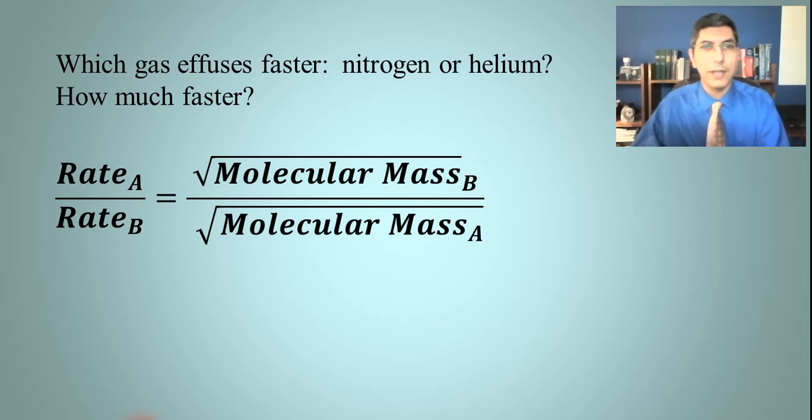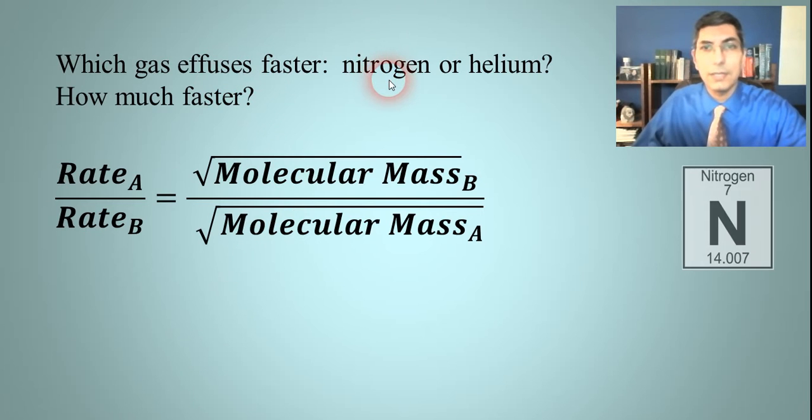So let's try an example here. Which gas effuses faster, nitrogen or helium, and how much faster? The first thing we have to do is determine the molecular masses of both of these gases. We'll start with nitrogen. Nitrogen is N2, a diatomic gas.